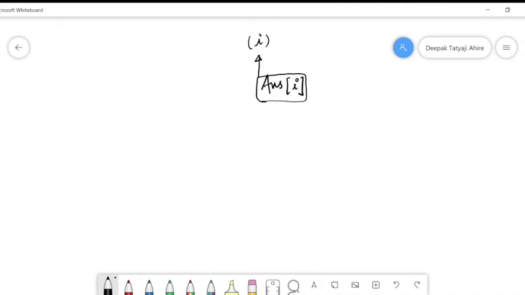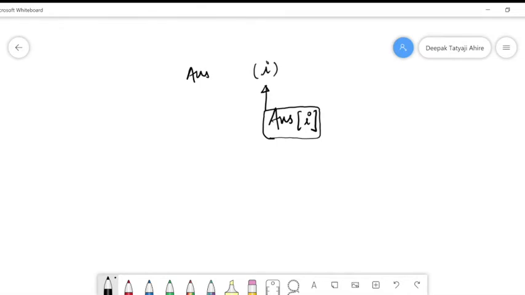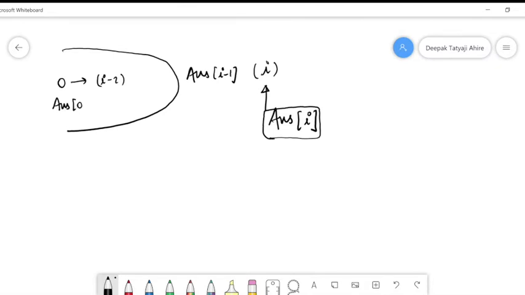The first is about the value at the index i-1, that is answer of i-1, and also the values which occur before the i-1, that is 0 to i-2. So for these values I will be storing the answers into ans of 0 until ans of i-2.